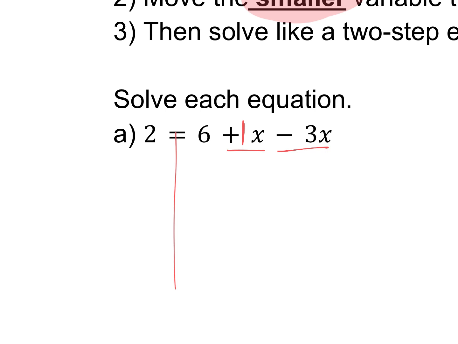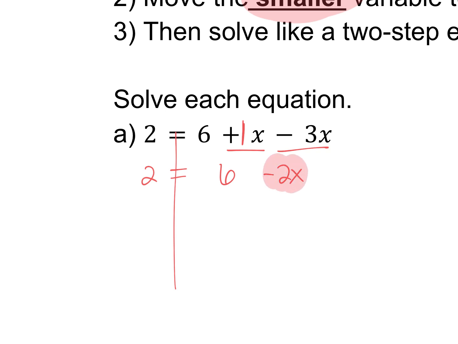Okay, and then actually I'm going to scoot that over. Let's do negative 2x right there. Okay, and then I'm just going to drop down that 6, the equal sign, and the 2 on the left side. Okay, now it's just a two-step equation for this one. So we need to isolate our variable term like we did on the last video.